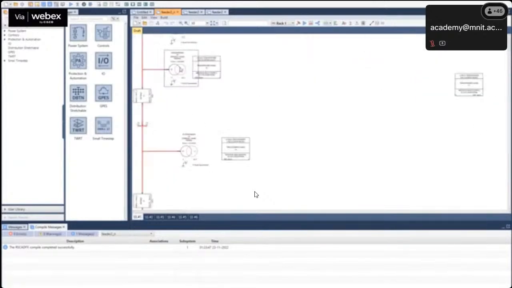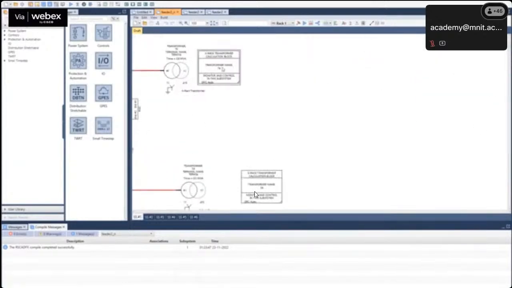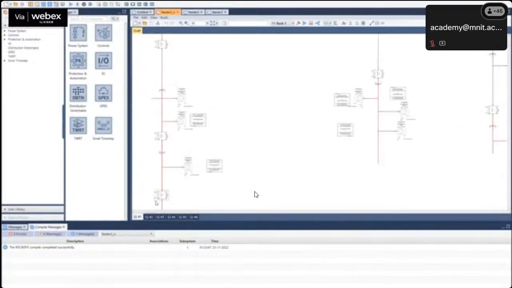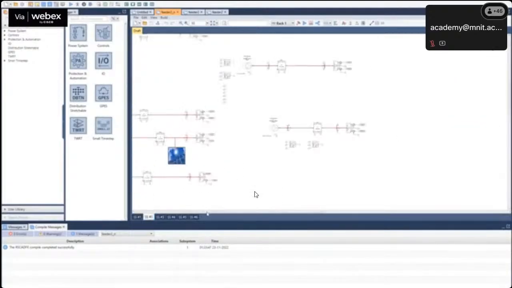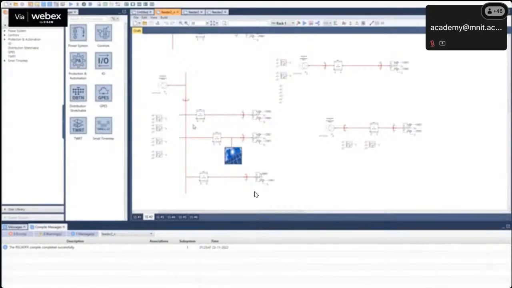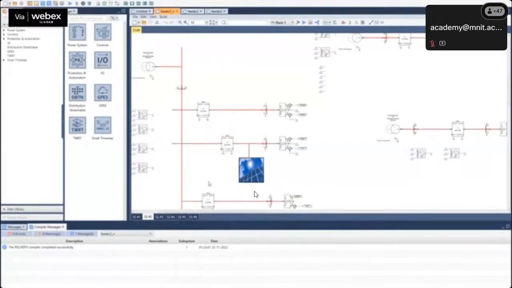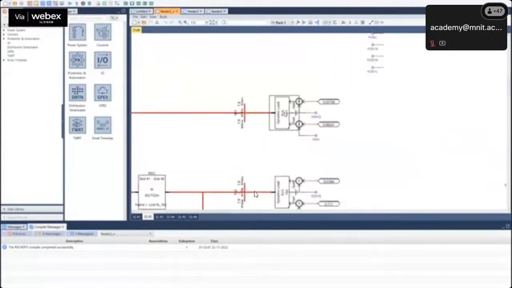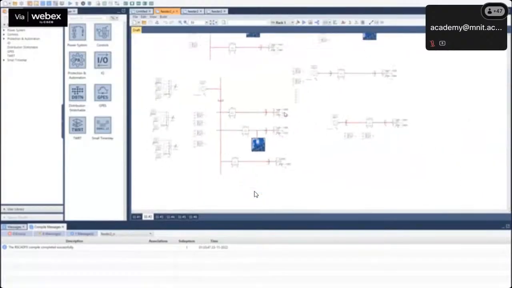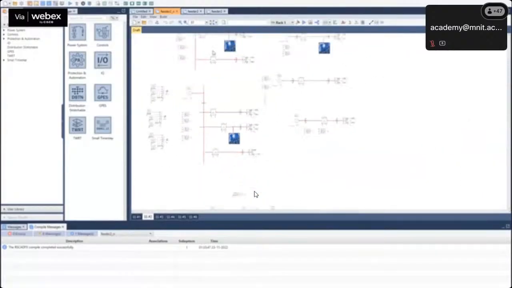The subsystems are linked via cross-rack transformers. The underground cables are designed as pi sections and the loads are modeled as dynamic loads. Solar PV systems are modeled and distributed over the distribution network.